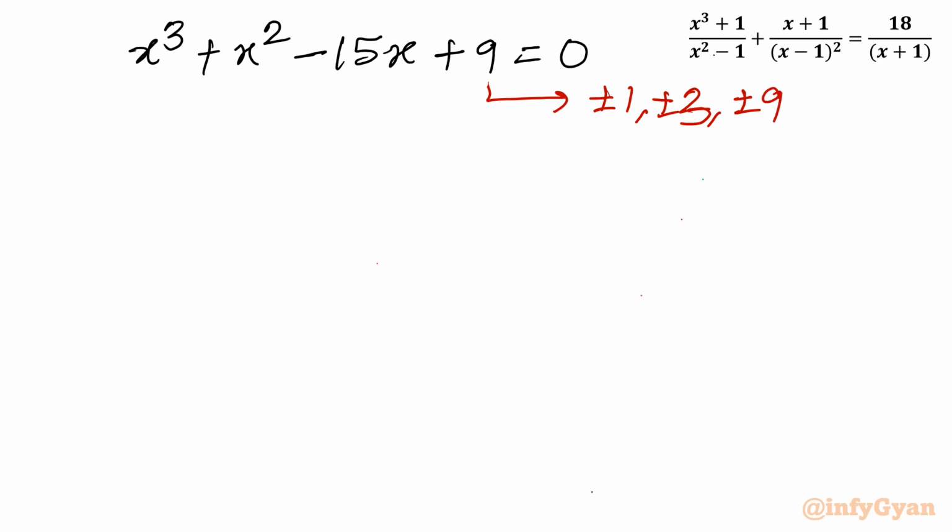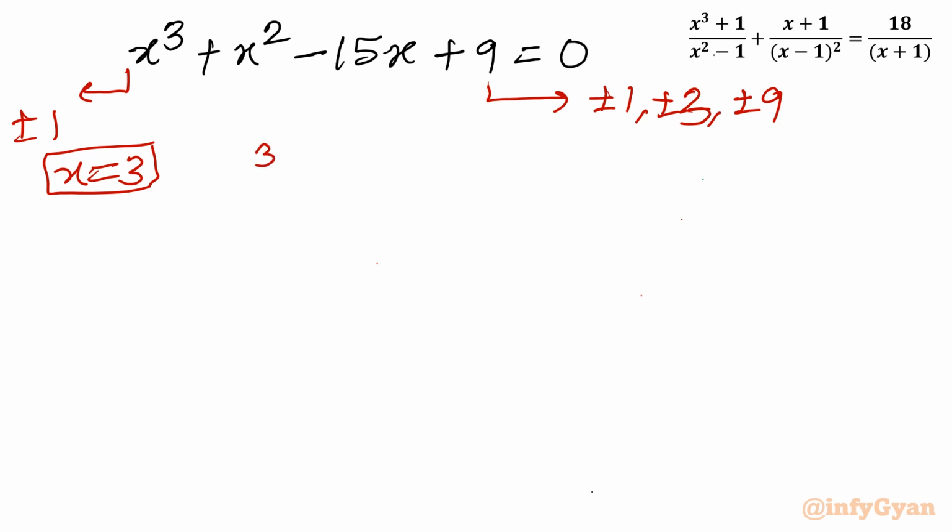And leading coefficient is only plus minus 1. By taking the ratio of constant coefficient to the leading coefficient, you will get to know there are a limited number of solutions. So out of those solutions, you will put x is equal to 3.